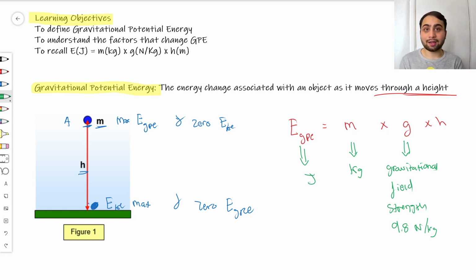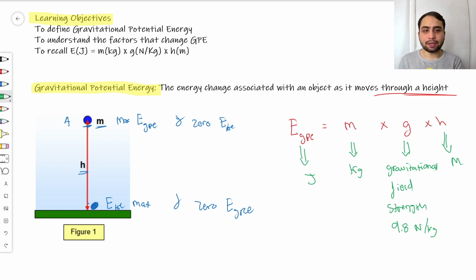The moon, which is much smaller than the Earth, has a smaller mass and so it has a weaker gravitational field strength. It's about 1/6 of this, so around 1.4. So you have to be very careful with this and read your question very thoroughly. Don't just think it's always 9.8. It can vary with planet. Then we also have our height difference, which is in meters, a standard unit.